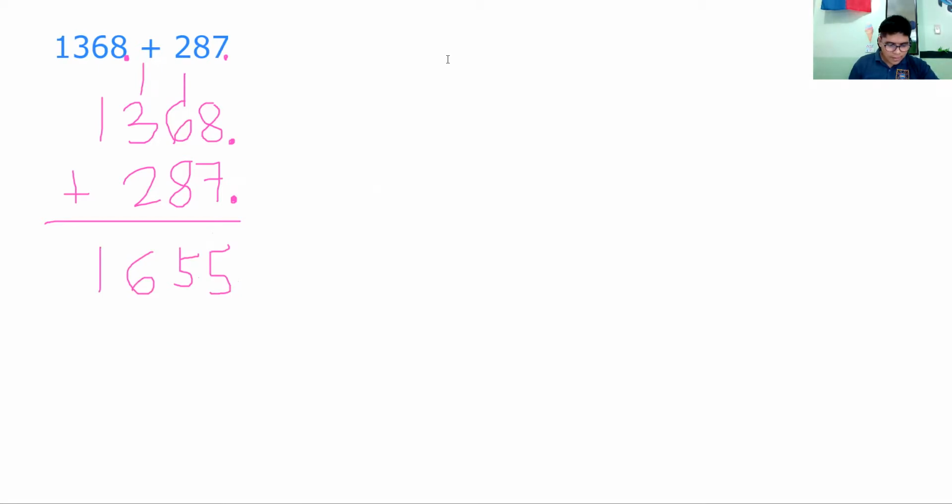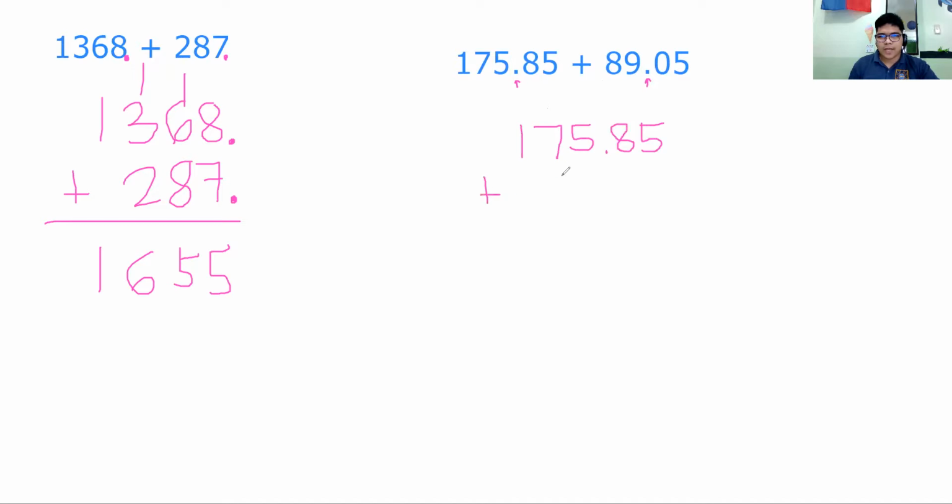Let's have an example. For example, we have 175.85, and then we want to add that to 89.05. First, let us locate the decimal point. It's here and here. We want those two to be aligned. So first, let's write one of them, 175.85, plus 89.05.